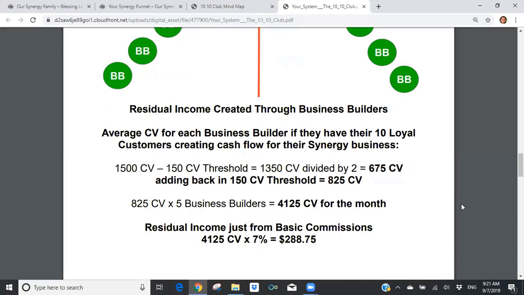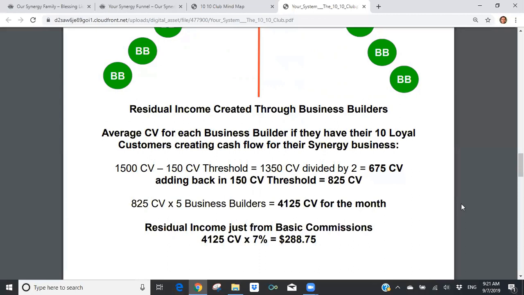And if I've got 5 of them that have the minimum of 10 monthly orders, if I take that 825 in CV times those 5, that's over 4,000 CV on my weak leg, and I'm getting paid basically 7%.